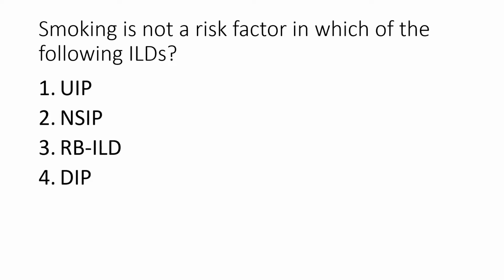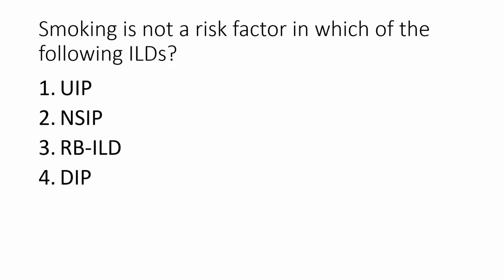Okay, the next one. In which of the following ILDs is smoking not a risk factor? UIP, meaning usual interstitial pneumonia, NSIP, RBILD, respiratory bronchiolitis ILD, and DIP, desquamative interstitial pneumonitis.